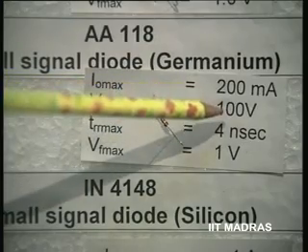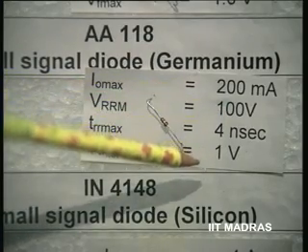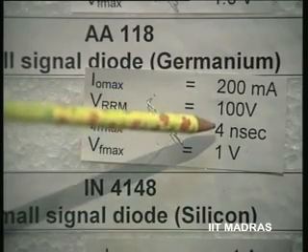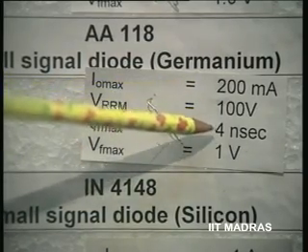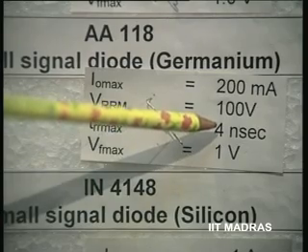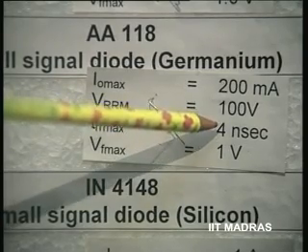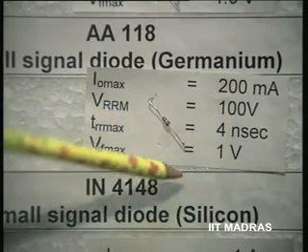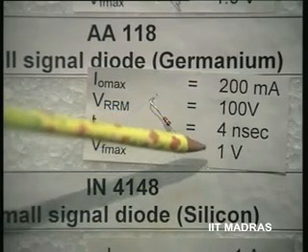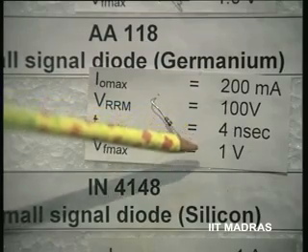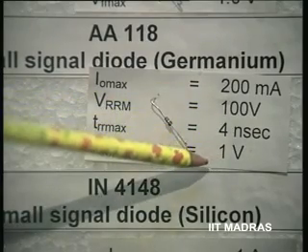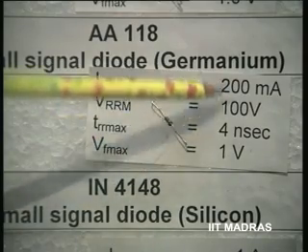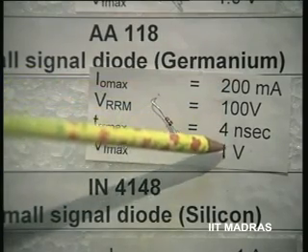The peak inverse voltage rating is about 100 volts, and it is supposed to be a fast diode, and therefore the recovery time, from forward bias mode to reverse bias, has a delay time of the order of 4 nanoseconds. This is important in diodes used for switching applications. It should be kept very small, and when it is forward biased, the typical voltage at currents of the order of 200 milliamperes is about 1 volt.